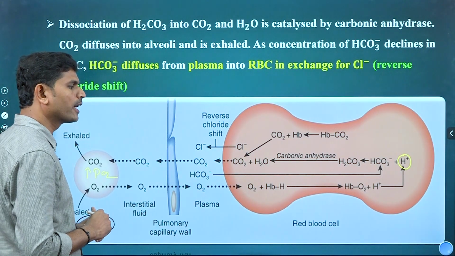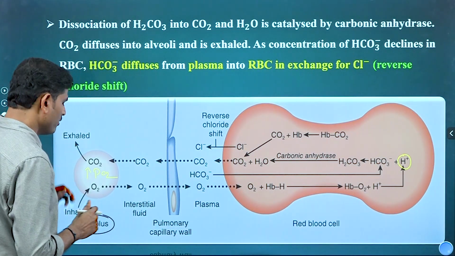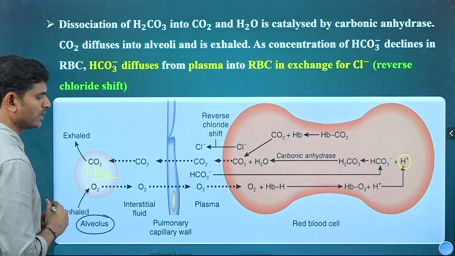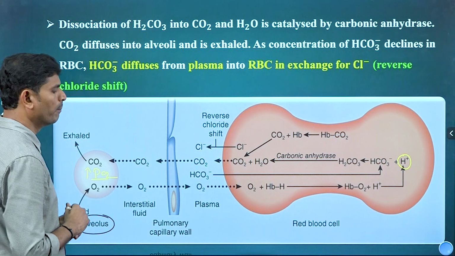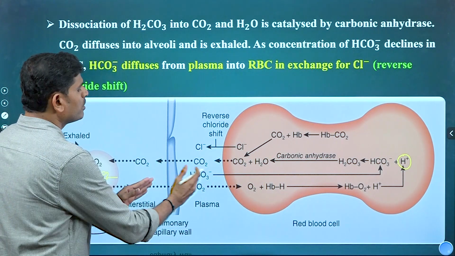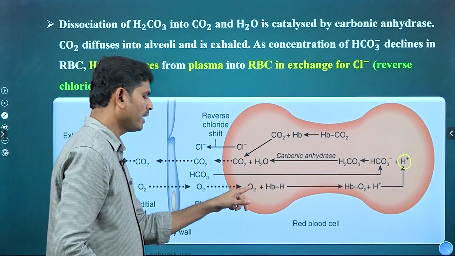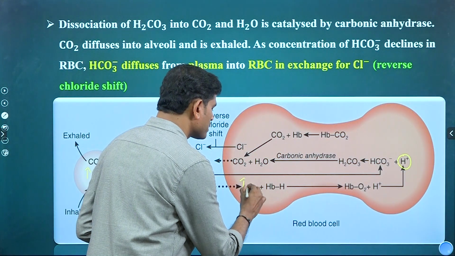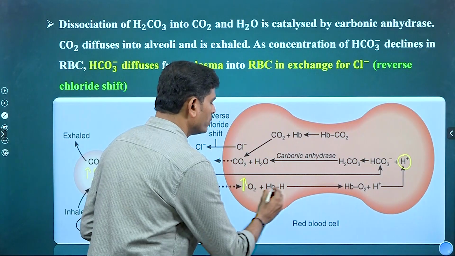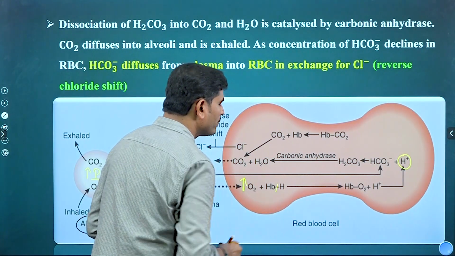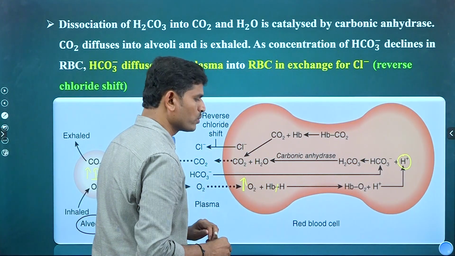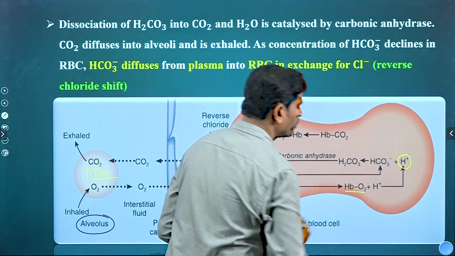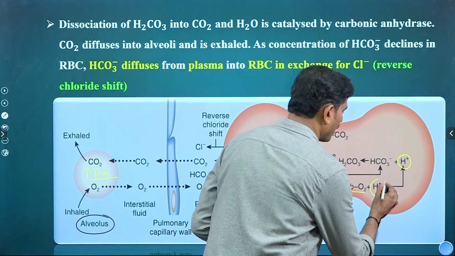In the alveoli, conditions are different: PO2 is higher and pH is more. Then this O2 diffuses into RBCs, and at a high partial pressure of PO2, the bond between hemoglobin and hydrogen ions deviates and forms HbO2 and H plus ions.